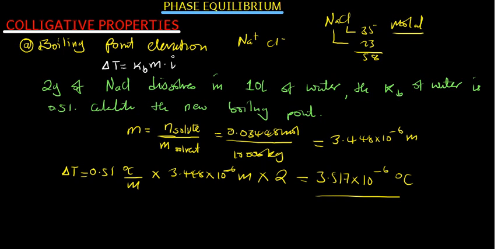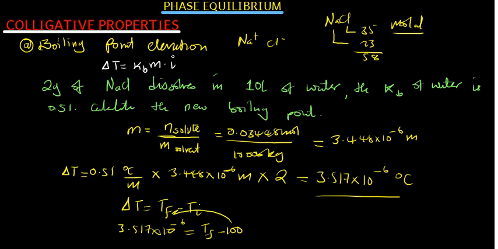Now to find the new boiling point, the change in temperature is given as the final temperature minus the initial. So the change is 3.517 times 10 to the power negative 6. What will be the final? The initial boiling point for water, we know that it is 100 degrees Celsius.